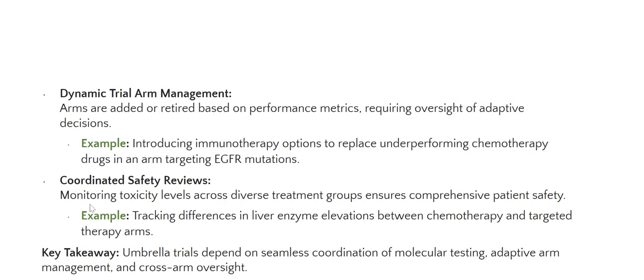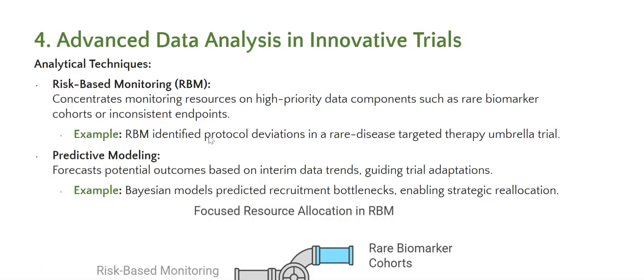Coordinated safety reviews, monitoring toxicity levels across diverse treatment groups, ensure comprehensive patient safety, for example tracking differences in liver enzyme elevations between chemotherapy and targeted therapy arms. The key takeaway here is that umbrella trials depend on seamless coordination of molecular testing, adaptive arm management, and cross-arm oversight.